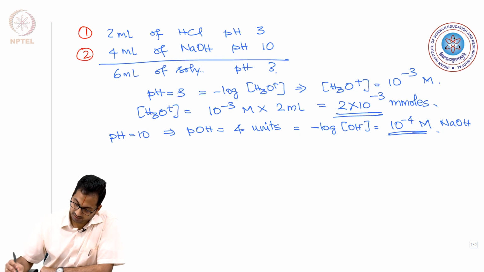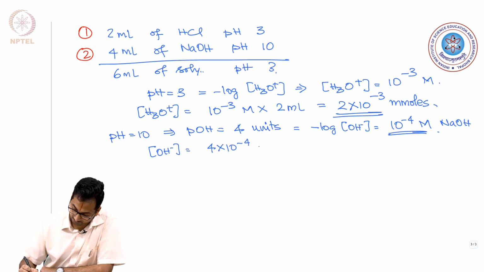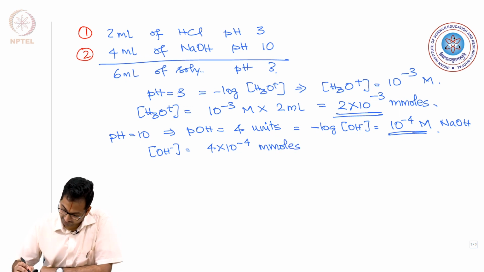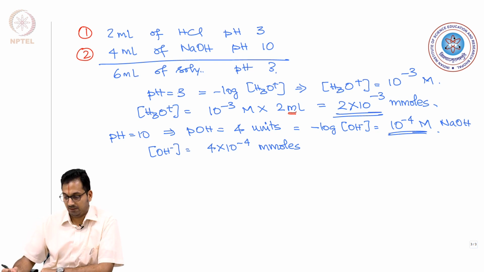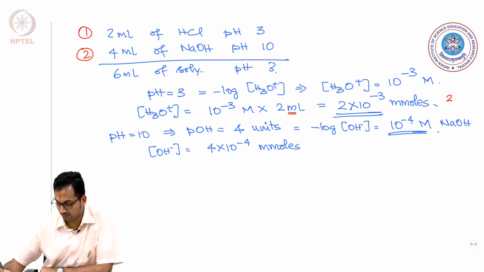So if 10 power minus 4 is present, how many millimoles of OH minus is present? That is going to be 4 times 10 to the power minus 4 millimoles. Of course, I'm writing millimoles because you are using milliliter here. So this can be rewritten as 2 micromoles.